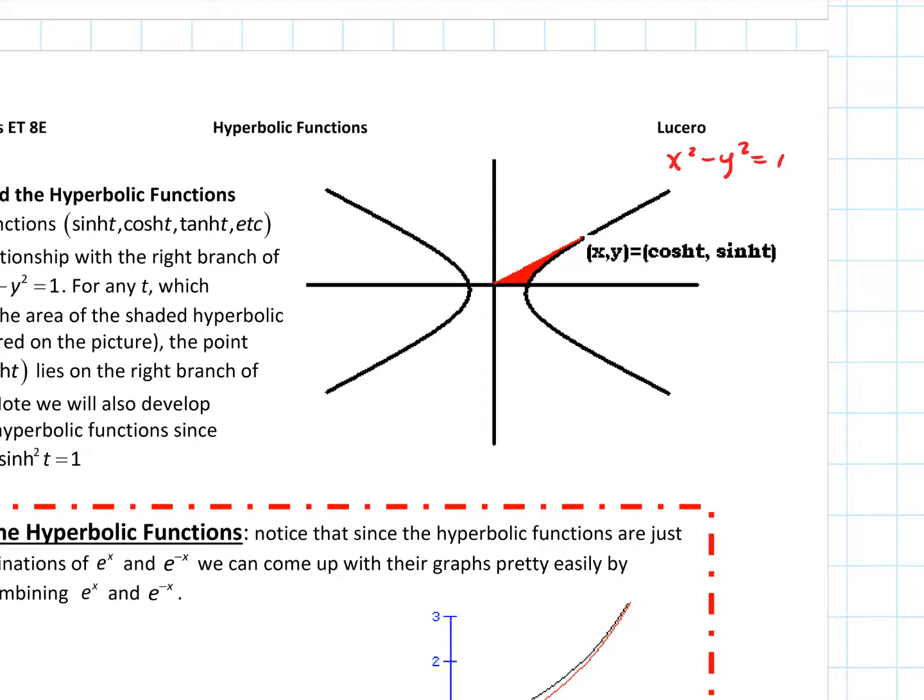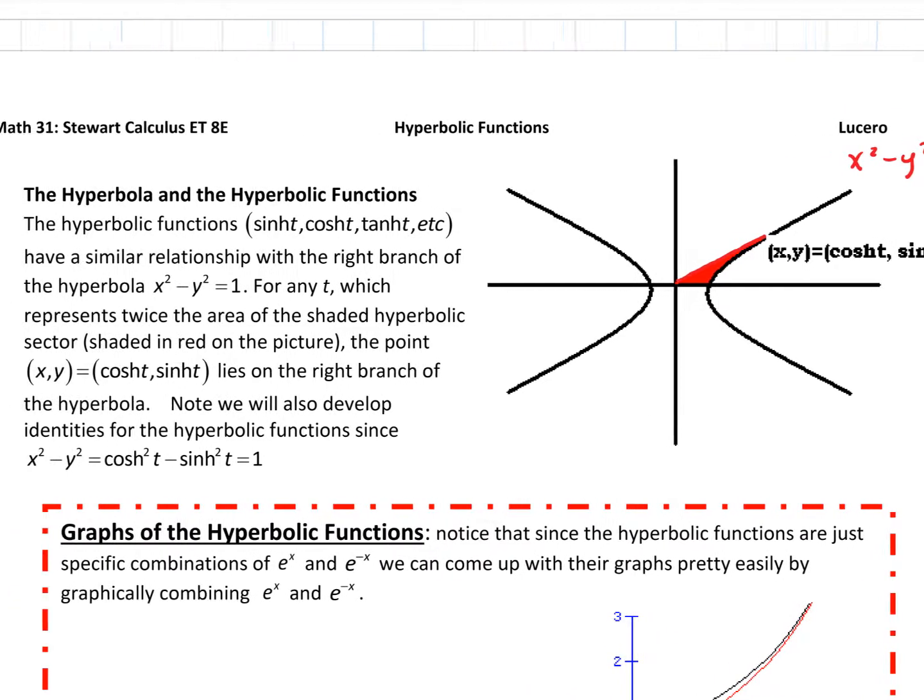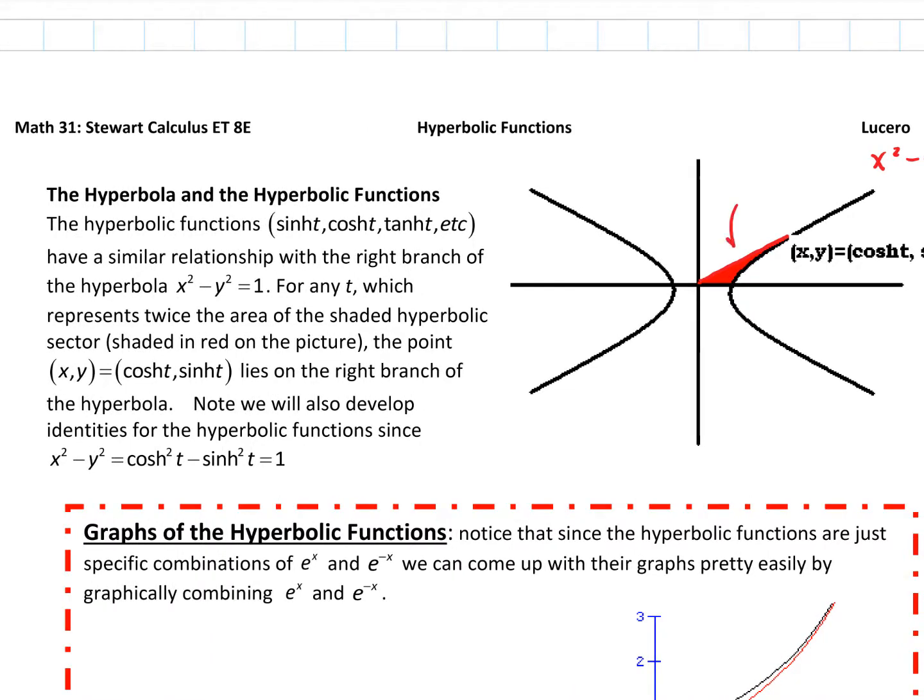And it turns out that if we were to define t to be twice the area of this little shaded region, so if we actually see that shaded region right there, t is equal to twice the area of the shaded region, then the points on this right arm of this unit hyperbola, the right branch of the unit hyperbola, are defined as cosh of t, sinh of t, where t is twice that area.